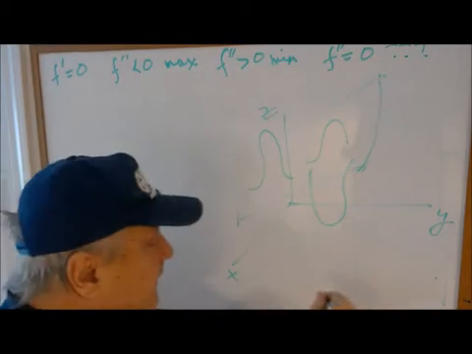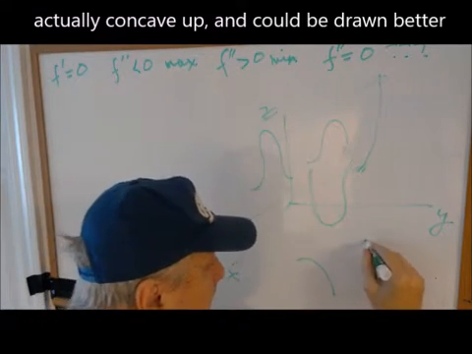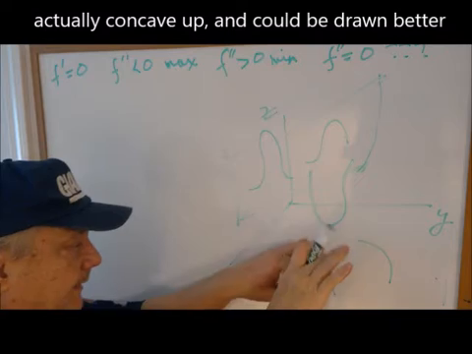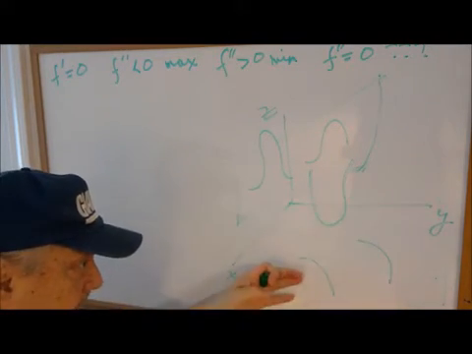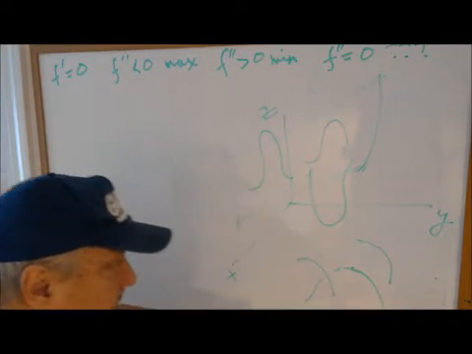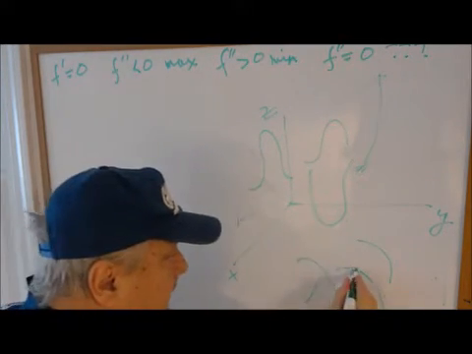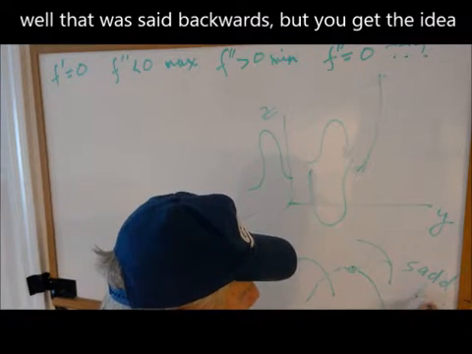It also has things that are hard to draw, but they're concave down, and at the same time, they could be concave up. So we call these saddle points.